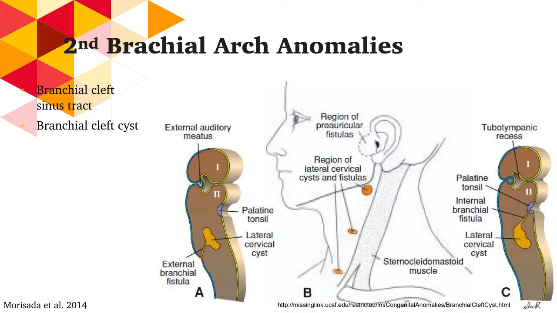Then in figure B, you can see where the sternocleidomastoid muscle is, and approximately where these cleft sinus tracts and cleft cysts have the potential to develop.